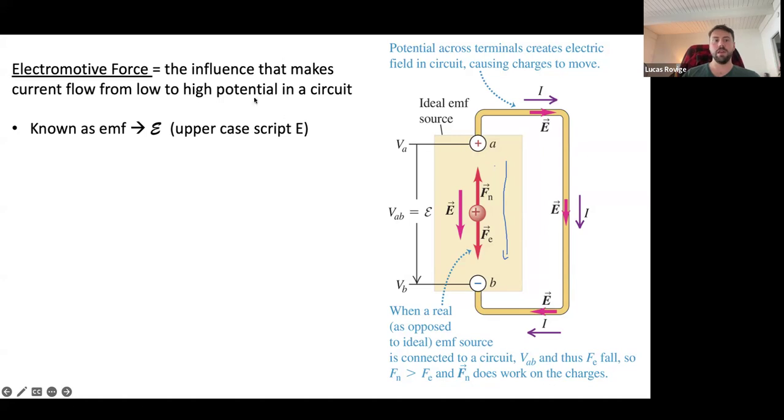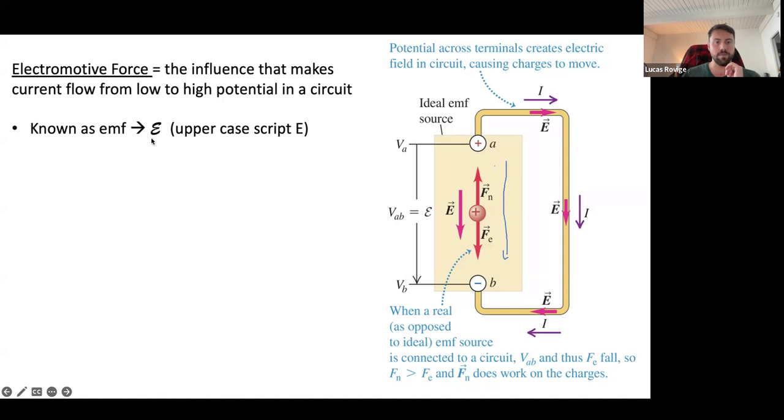So the EMF is kind of the pump that's driving the system and bringing the charges from low potential to high potential, and consistently supplying the system with charges at a high potential that can go down the potential gradient.